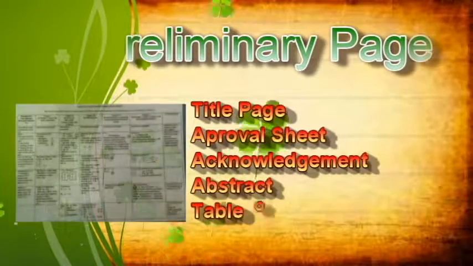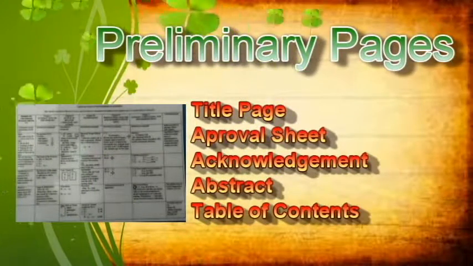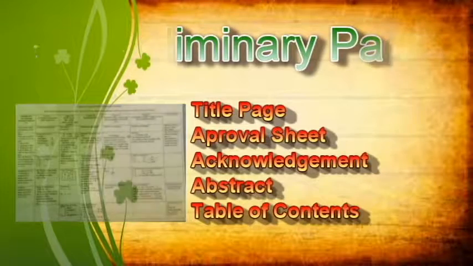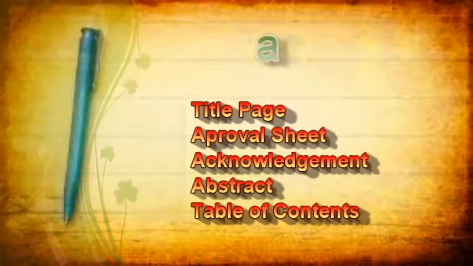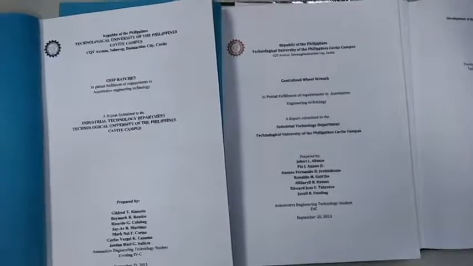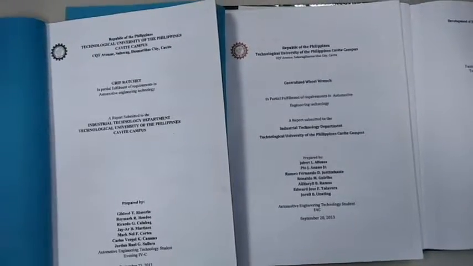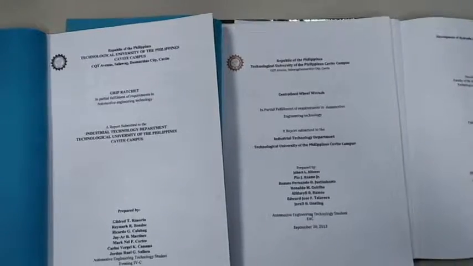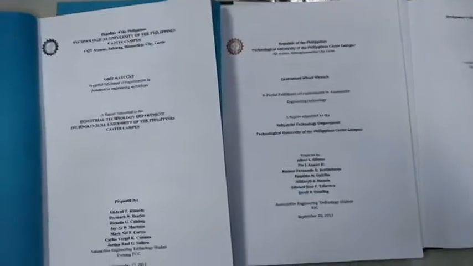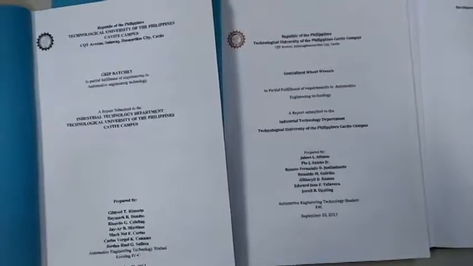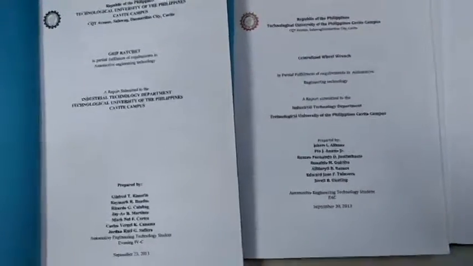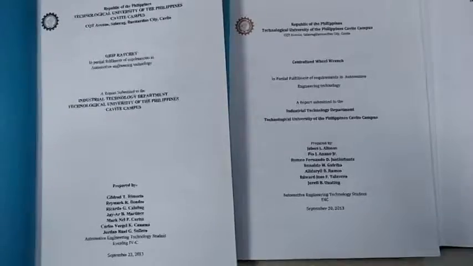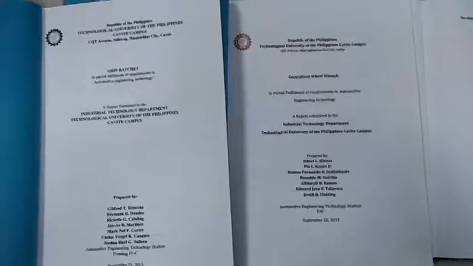Preliminary pages consist of the following: title page, approval sheet, acknowledgement, abstract, table of contents. The first and the second proposals consist of the name of the school, title, department, the name of researchers, section, and the year they presented the research proposal.